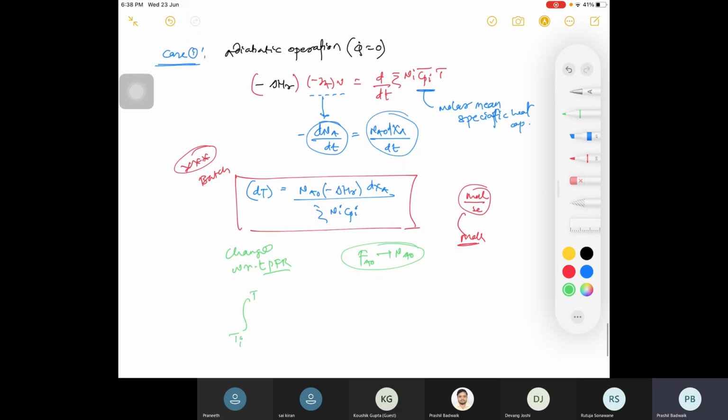Now please integrate. Temperature initially Ti naught, then Ti. dt is equal to what?